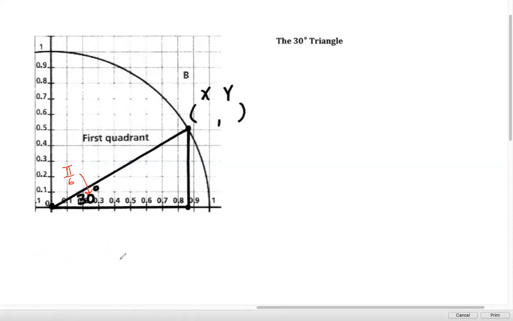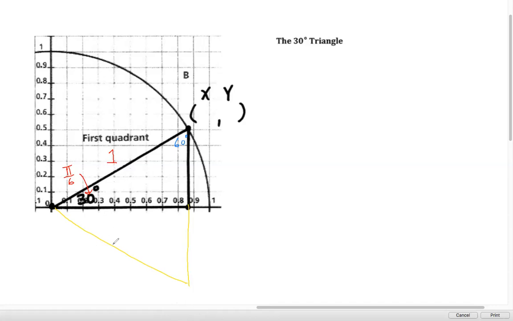All right, so first of all, when you're dealing with 30 degrees, a 30, 60, 90 degree triangle, that really comes from an equilateral triangle, something like this, okay? Where we know that on the unit circle, the hypotenuse or radius is worth 1 unit.